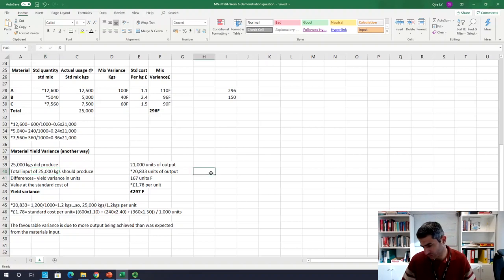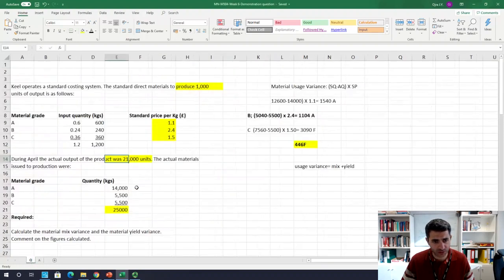Of course, what you need to do right now is take 25,000 kilogram, the actual, and divide it by 1.2 kilogram, which is the standard mix.